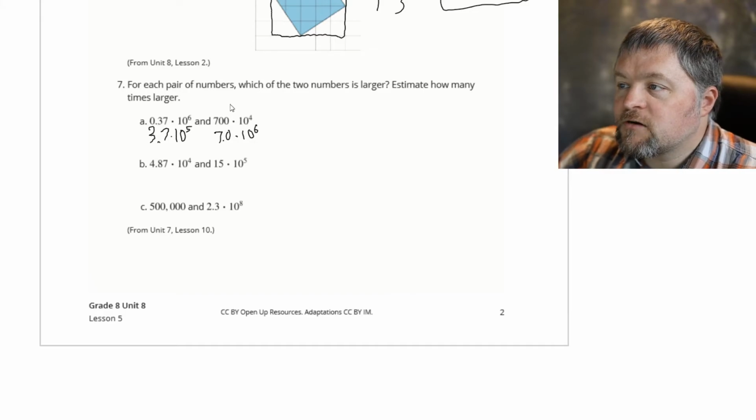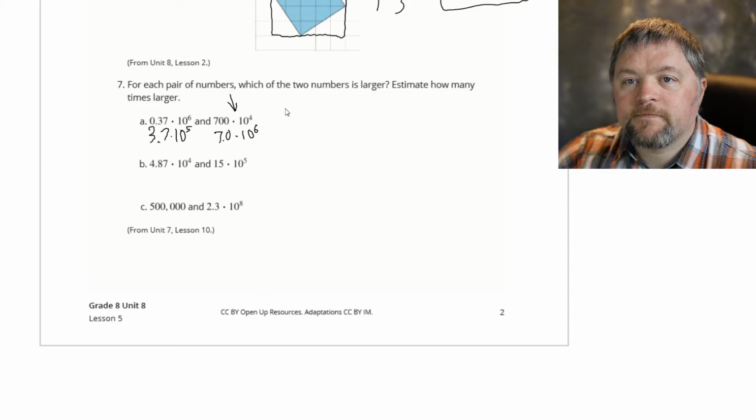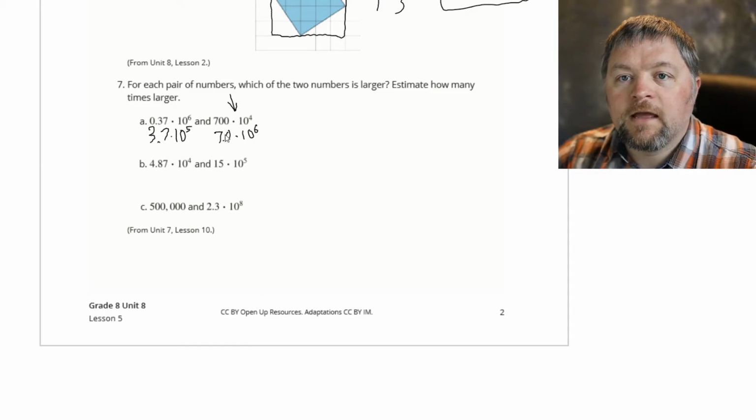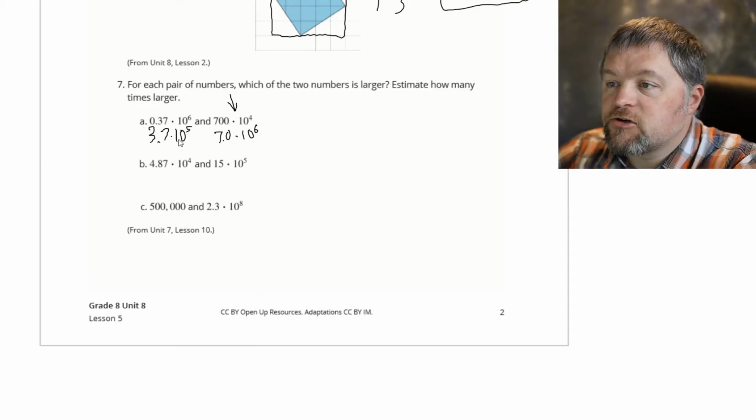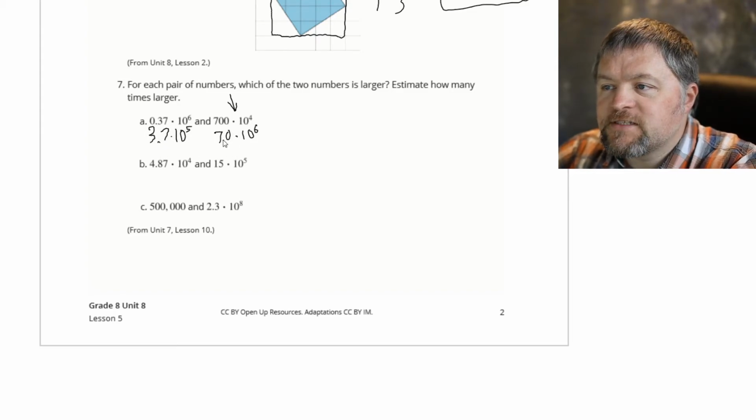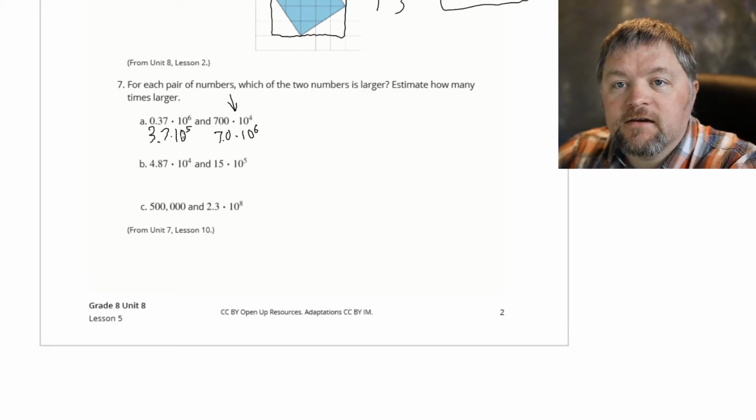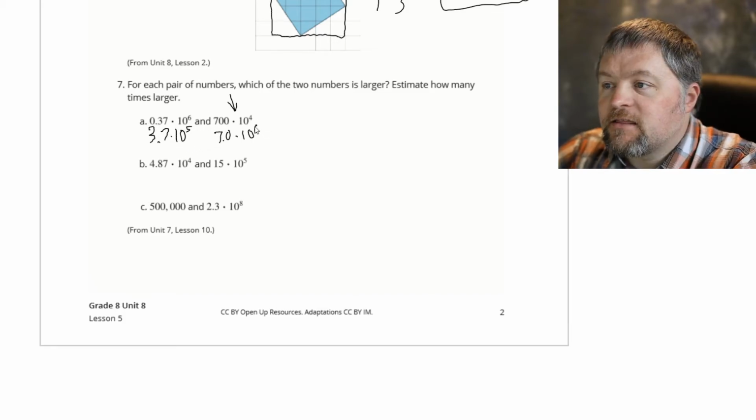Which one is larger? This one. How many times larger is it? Well, 3.5 is half of 7, so it's about 2 times larger just looking at the numbers, but there is 1 extra place value here. So instead of being about twice as big, it is about 20 times larger.